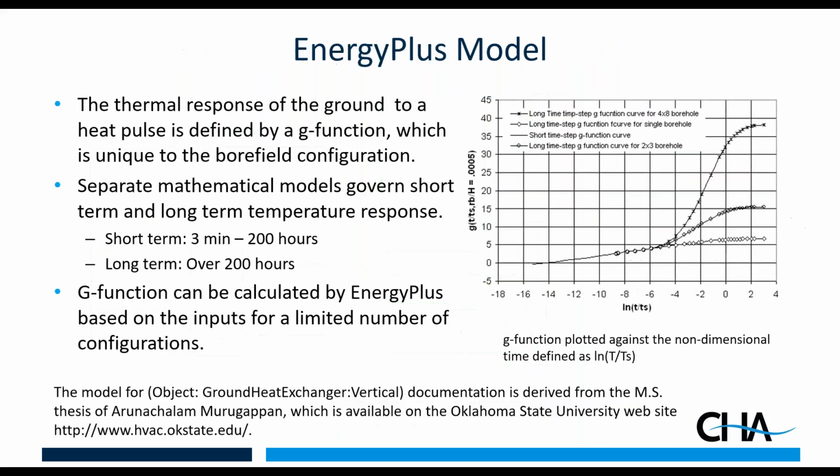So obviously the backbone is EnergyPlus. In EnergyPlus, there's a model that has what's called a G function, which is a mathematical model that is going to determine the thermal response of the ground to a heat pulse.